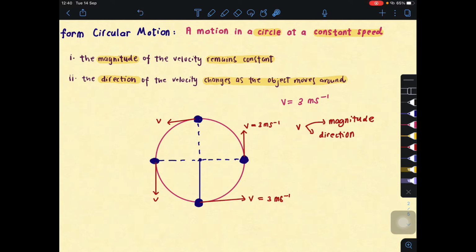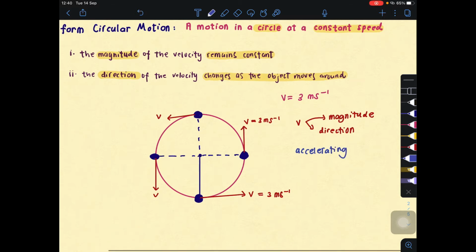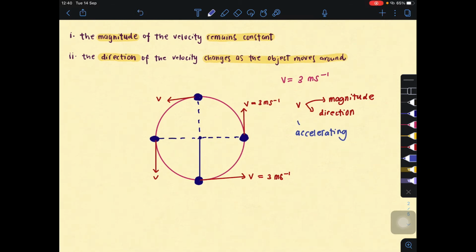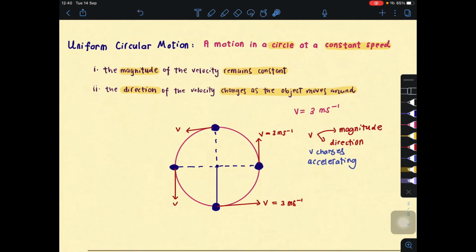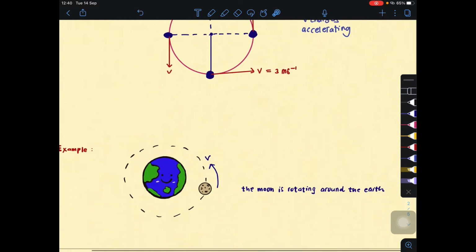So apabila ada perubahan dalam velocity, we can say that the object is accelerating. Because there is a change in velocity. So v changes, meaning that the object is accelerating. So here we will always have the acceleration during the circular motion. So this acceleration Miss akan cover nanti dalam 6.2.